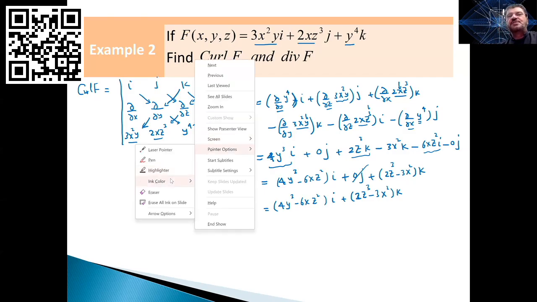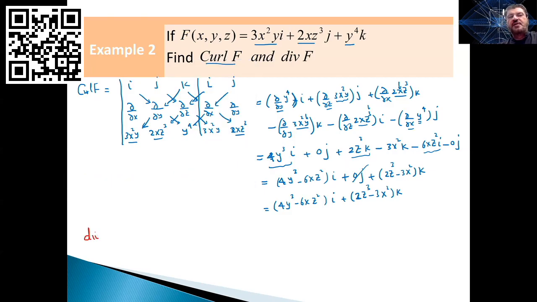Now let's compute the divergence, guys. What's the div of f? The div of f is the partial derivative with respect to x of P, which is 3x squared y, plus the partial derivative with respect to y of Q, which is 2xz cubed, plus the partial derivative with respect to z of the last one, which is y to the 4.